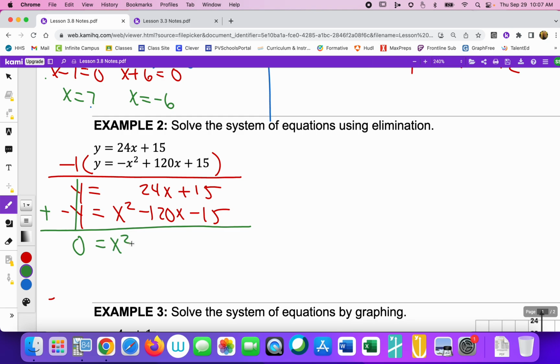Okay. 24x and negative 120x. Negative 96x. 15 and negative 15. 0. Now this will not always happen, but on occasion those will cancel each other out too. So this is what we're left with. Now we have only x's. Okay. So you want to start with one variable and then solve for the other later.